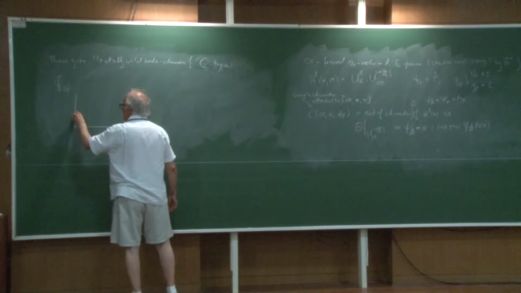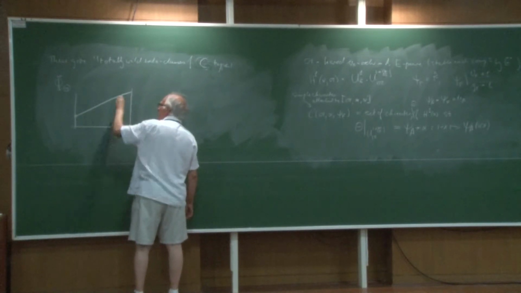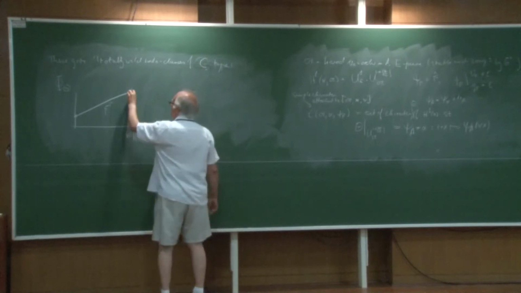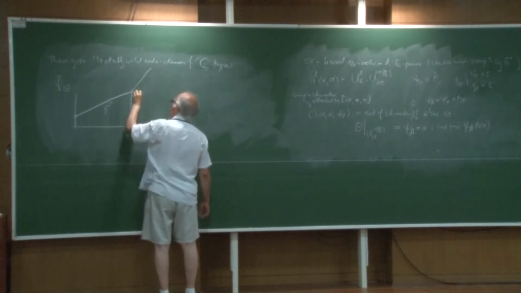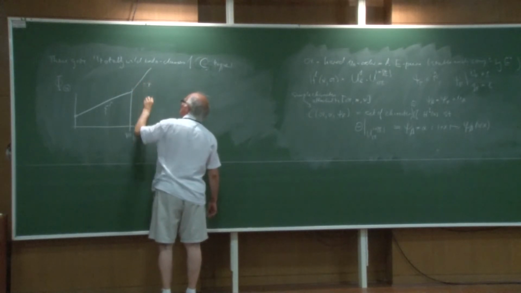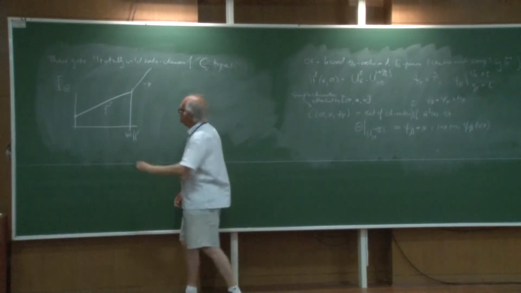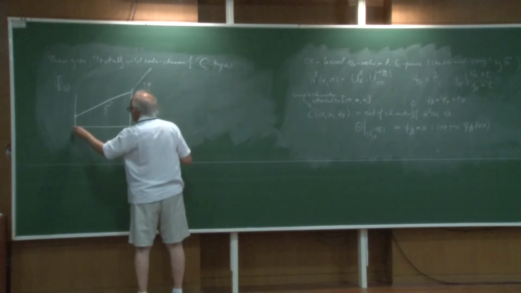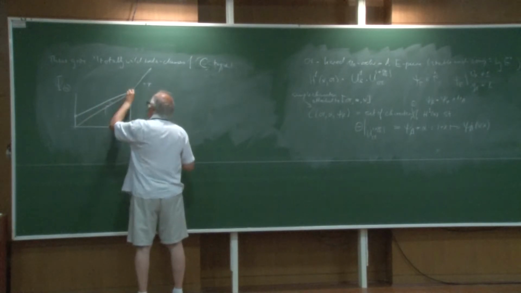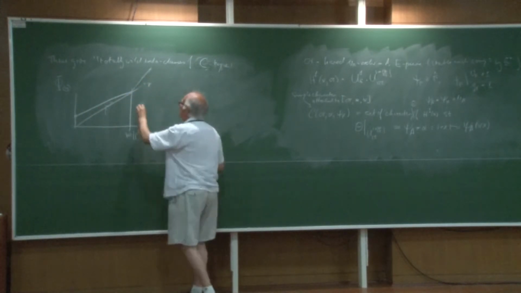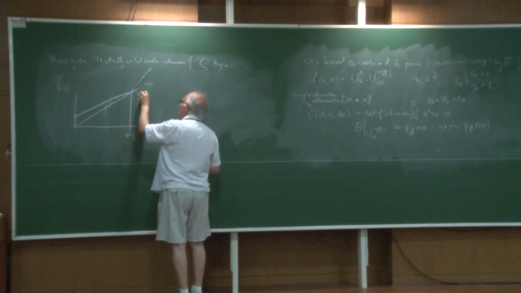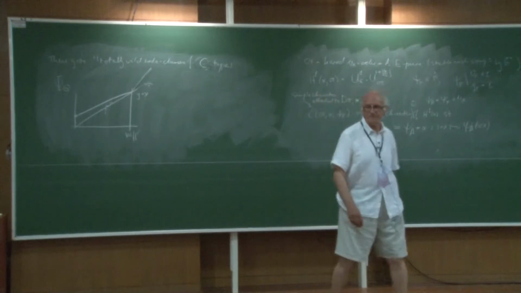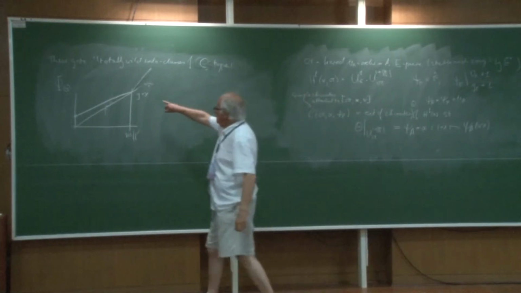It starts somewhere there, it goes up there with the gradient p to the minus r, it hits there, and then it just goes up along the line. Well, if I've done it correctly, that would be the diagonal of that square. It doesn't have any untoward kinks, except for this one, which is boring.